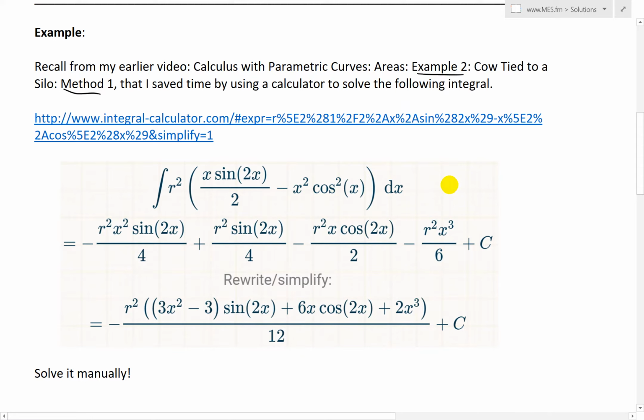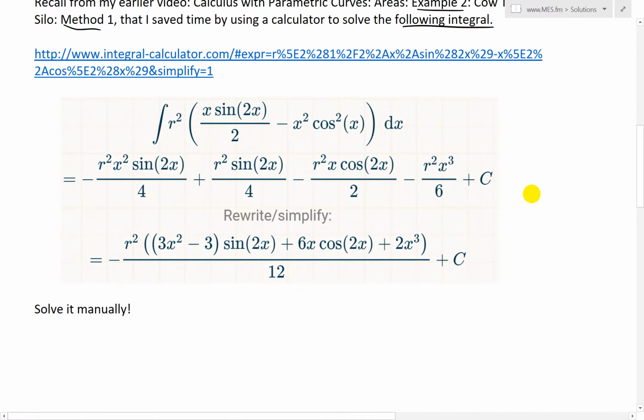And basically from that video, I saved time by using a calculator to solve the following integral. This one right here, integral of r squared, where this r squared is just a constant, just for reference, and then x sine 2x divided by 2 minus x squared cos squared x dx, and then it equals this, and then it simplifies to this right here.